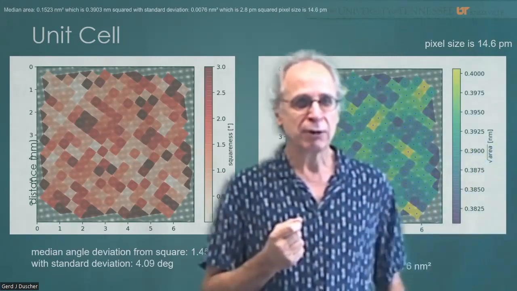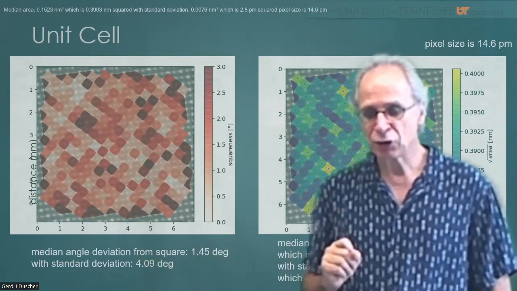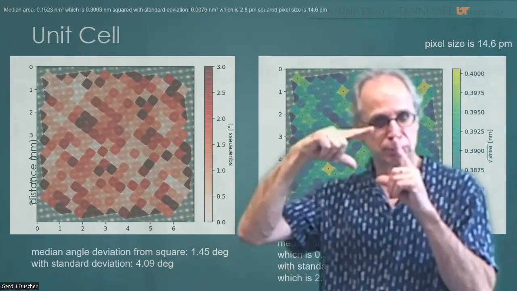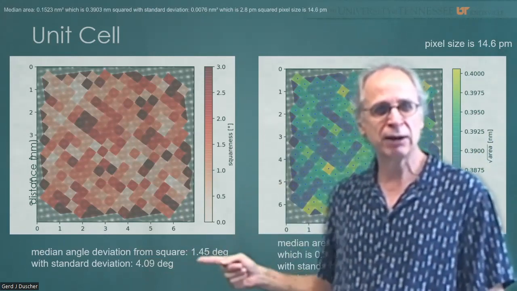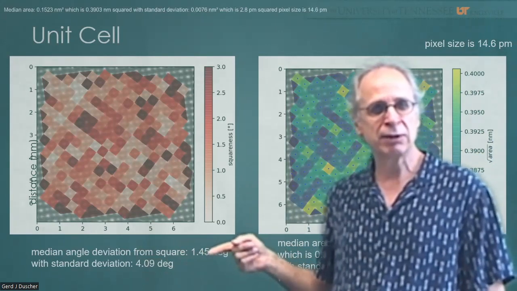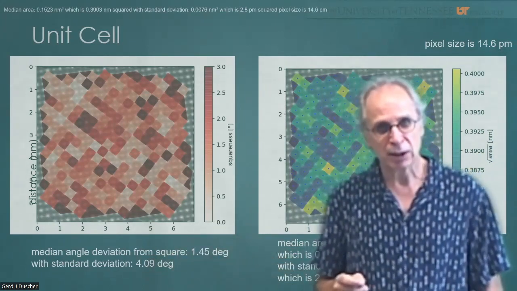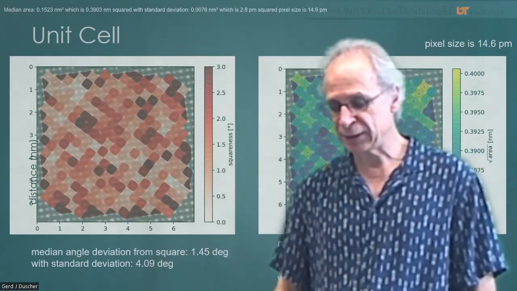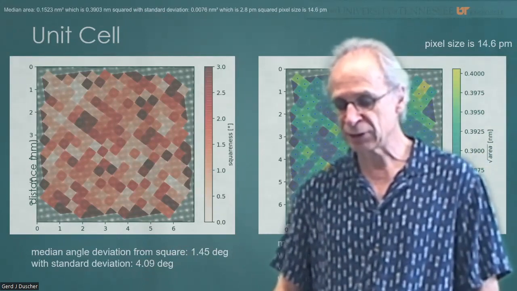If we look at the shear, the angle deviation, we have a square, so it should be 90 degrees, right? We have a 1 degree deviation with a standard deviation of 4 degrees. So obviously not quite as perfect as the relative distances.